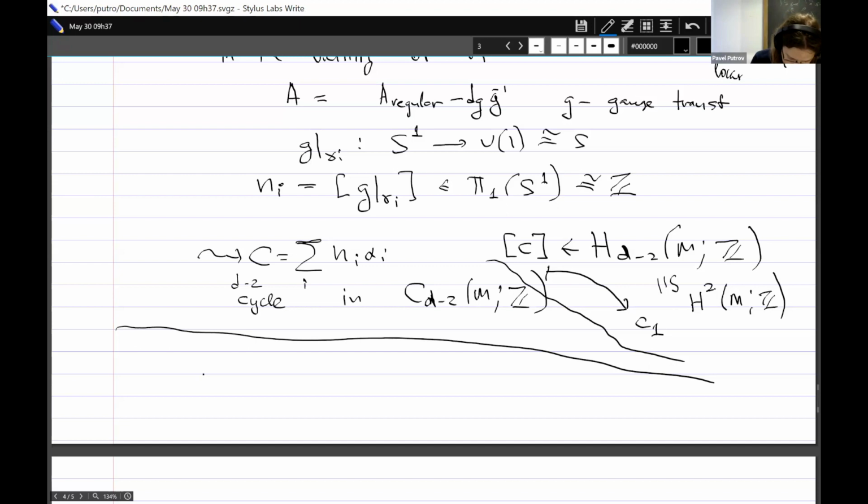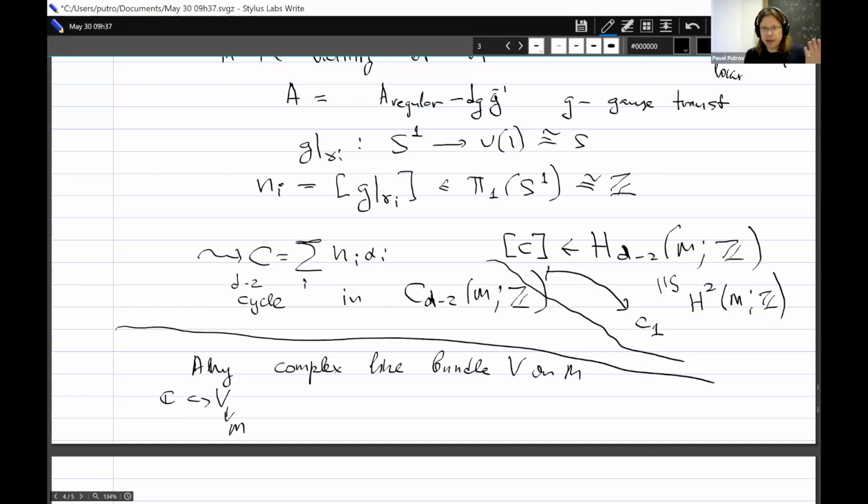So there's a statement about any complex line bundle V on M. This is a bundle where the fiber is isomorphic just to C. For example, if you have some fields which have charge 1 with respect to our gauge field, these fields can be understood as sections of this complex line bundle.